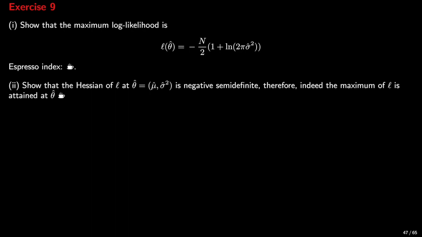You can show that the maximum likelihood is given by this formula, and the Hessian of the log likelihood function evaluated at the maximum likelihood estimate is negative semi-definite, and as a result, the maximum is indeed attained at theta hat.